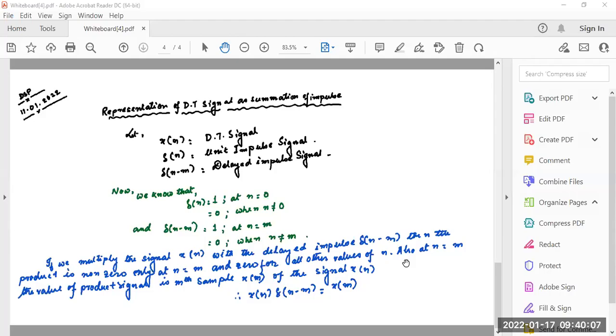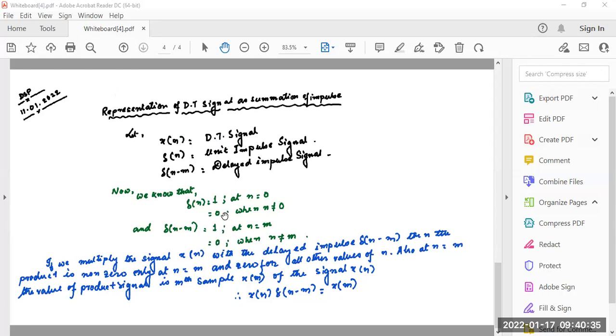Yes, you can see here, we took the representation of a DT signal as a summation of impulses. The screen is shared. Can you see? Yes, sir. So you can see here x of n is the DT signal, delta n is the unit impulse signal, and delta of n minus m is the delayed impulse signal.